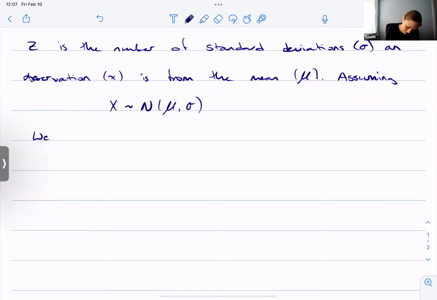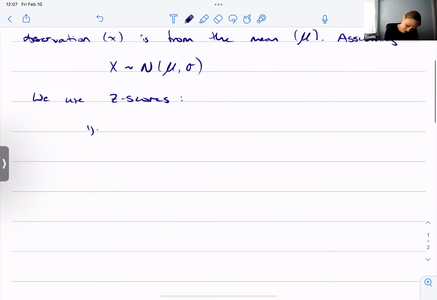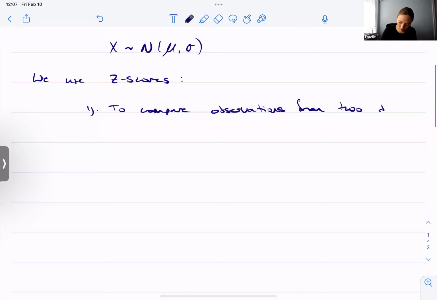We use z-scores. How do we use them? One, to compare values from different normal distributions, right? That's one way that we can do it. We saw that with the SAT and the ACT scores, right? And so that's one way that we can use z-scores. And so we use z-scores, one, to compare observations from two different normal distributions.